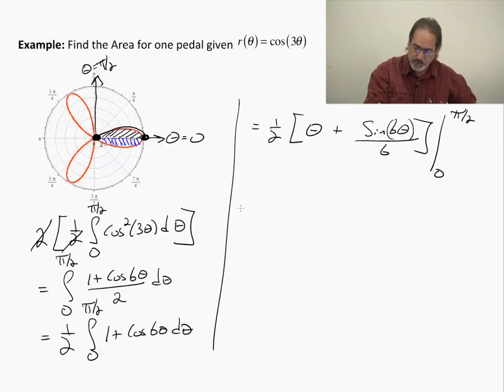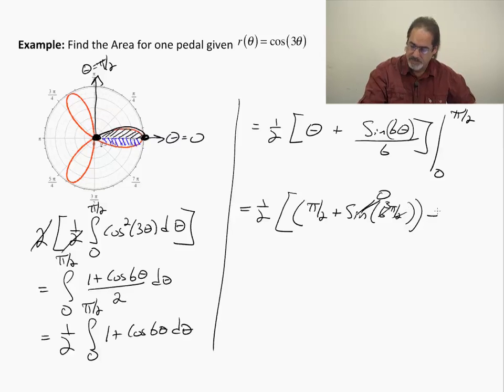So that's going to be equal to 1/2 times theta is going to be pi over 2 plus sine of 6 theta, sine of 6 times pi over 2. That's the same as sine of 3 pi. This piece right here is 0.